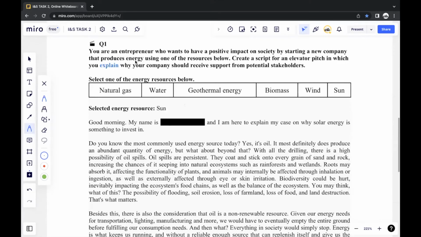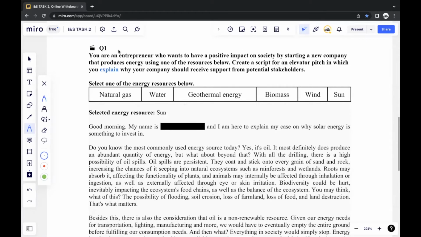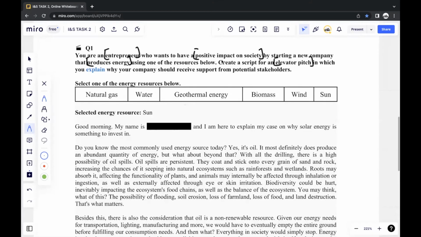Taking a look at the question, you are an entrepreneur who wants to have a positive impact on society by starting a new company that produces energy using one of the resources below. Create a script for an elevator pitch in which you explain why your company should receive support from potential stakeholders.